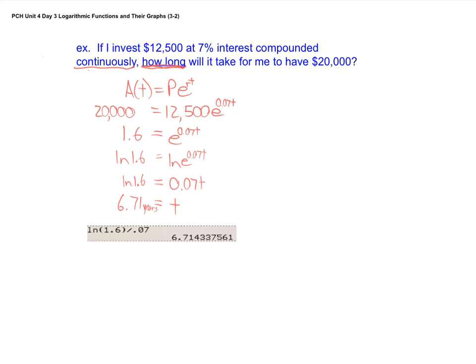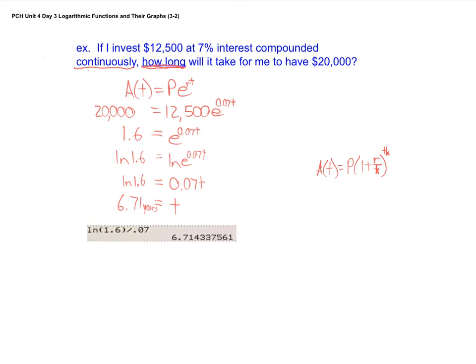For example, if this were compounded, say monthly instead of continuously, we would have had the equation, if you remember, the amount at time t is the principal times 1 plus, and you convert the r into a monthly rate, divided by k, where k is 12. And it's to the t times k power, or we might have used n as well.